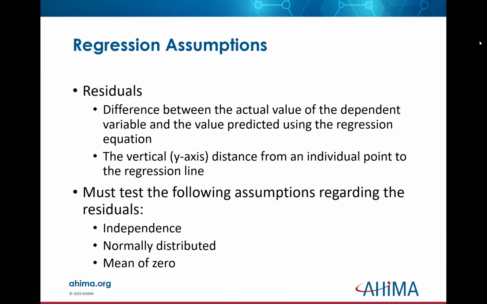Now we're looking at regression assumptions. Residuals must be independent, normally distributed, and have a mean of zero. These assumptions help ensure that our regression results are valid and reliable.